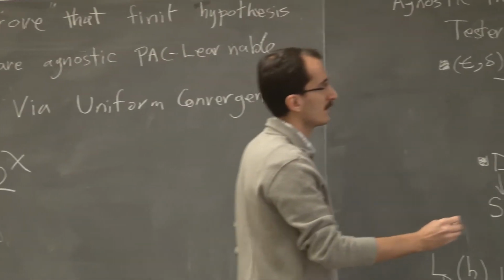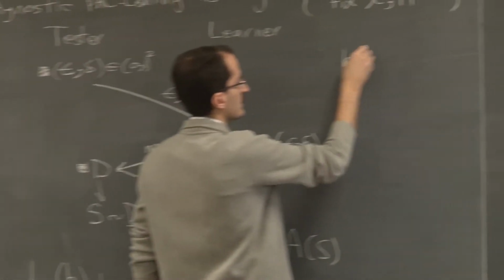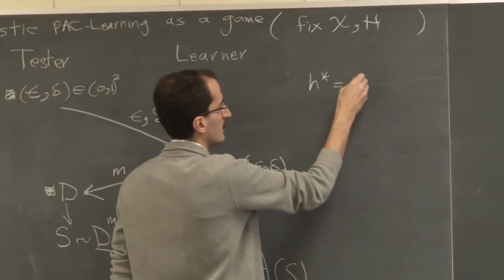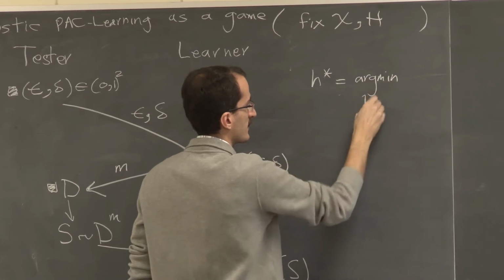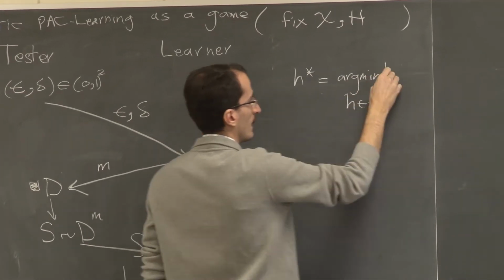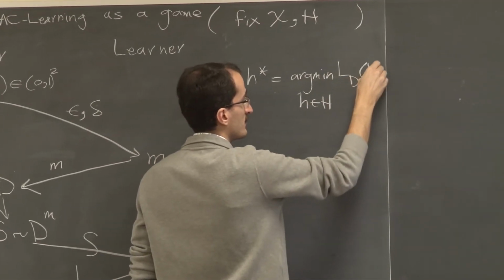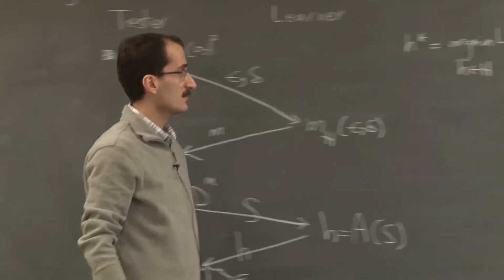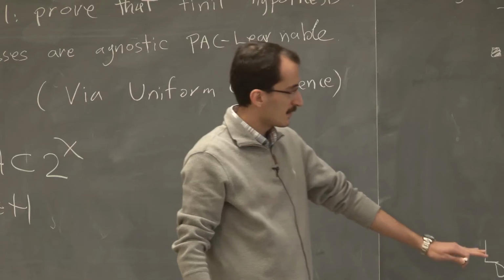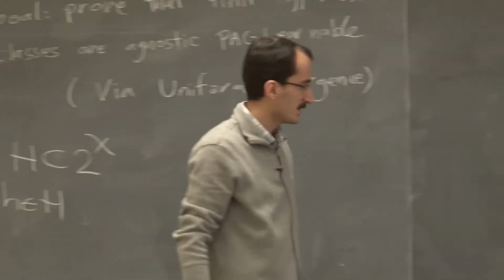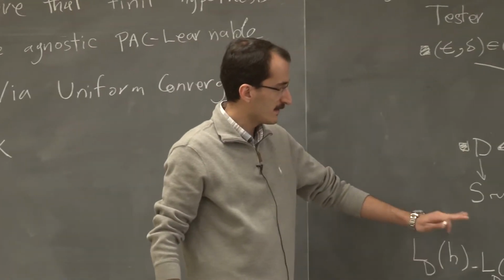And by H star, I mean the best hypothesis in our class with respect to the true distribution. So because she has access to the distribution, she can compare it to the best one possible and see if the learner failed or not.